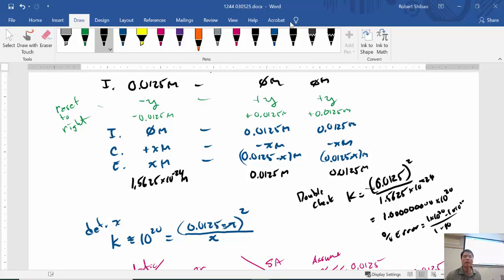So what would you rather have, a 0% error or an infinite percent error? Obviously, a 0% error. And so we have to watch out for our calculators and also these online calculators. We can easily overwhelm them. This is 0% error, which is good. And so these concentrations look good here, and these would be the equilibrium concentrations that we expect.